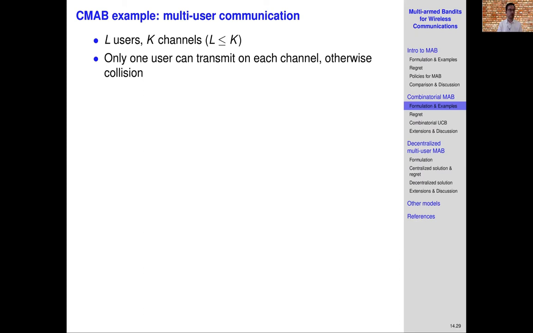One example of combinatorial bandits is multi-user communication. Consider L users and K channels, where L is less than or equal to K. We assume that only one user can transmit on each channel. If more than one user transmits on the same channel at the same time, a collision happens, so users obtain 0 rewards.